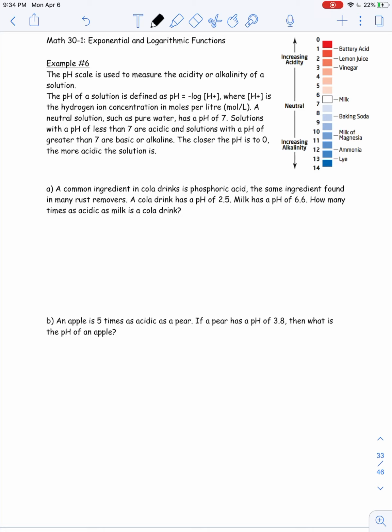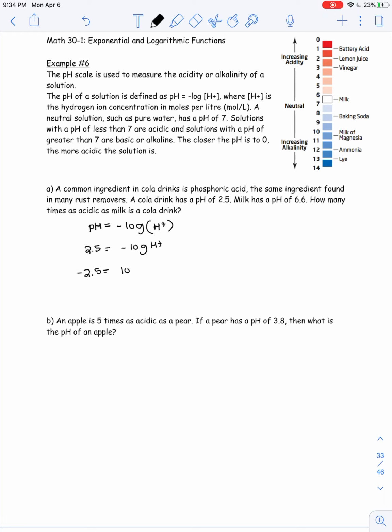So a little hint to you guys is whenever we're going to try to change or compare something, we actually need the concentration, the hydrogen ion concentration. So we're going to use the equation pH is equal to negative log of H plus. We're going to fill in the 2.5 into negative log of H plus, and we're going to solve for the H plus.